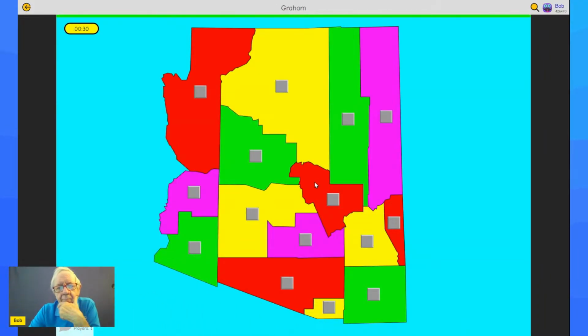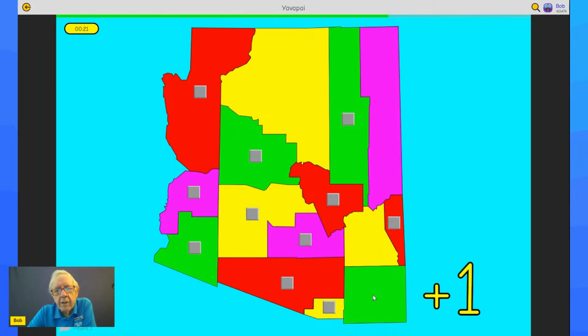Click Go. Gila, Graham, Greenlee, so this is Graham. It asks for Graham. Apache. It asks for Coconino. This would be Coconino. Cochise. The button disappears. Yavapai. Gila, Graham, Greenlee, so this is Gila.